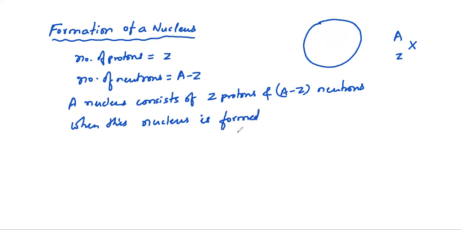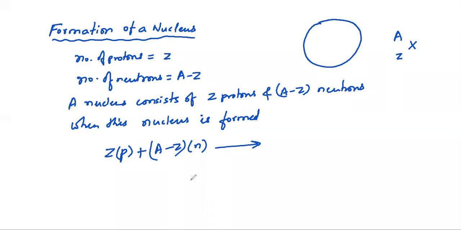This Z protons combines with A minus Z neutrons to form what? To form the nucleus.